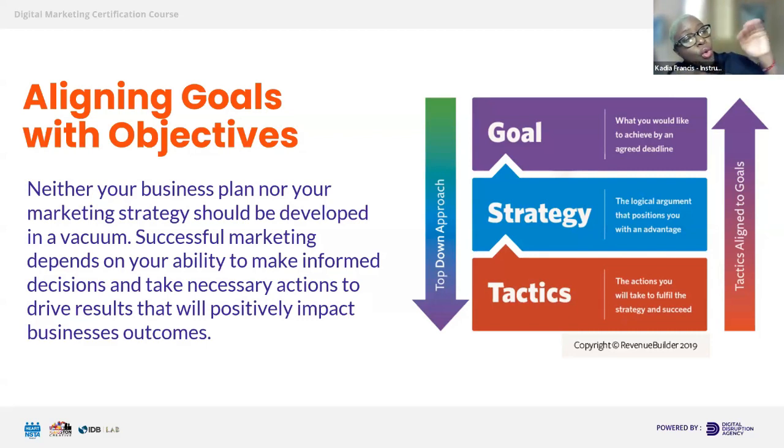Pretty much, what are the things that you can do to get to that goal? The strategy, and how you're going to do it, and where you're going to do it, and the tactics that you're going to employ, right? And that's the next thing, tactics, the actions you will take to fulfill the strategy so you can achieve the goal. So that's the top-down approach: goal, strategy, tactics.